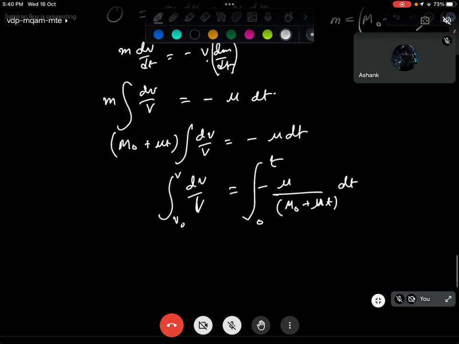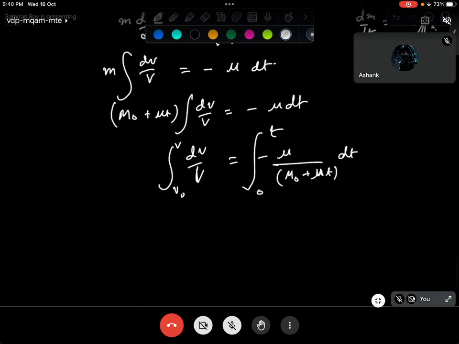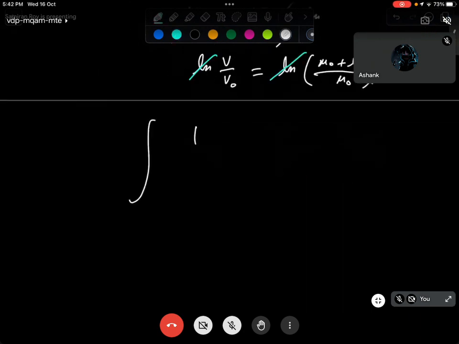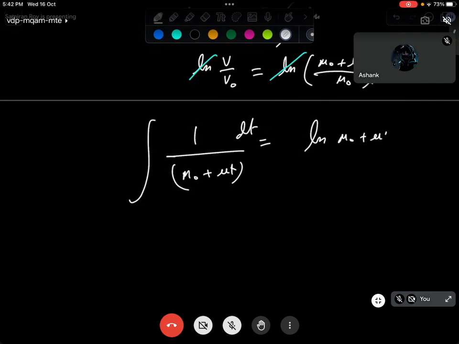So dv by v gives ln v by v0, equal to the integration of 1 by m0 plus mu t dt. You get ln of m0 plus mu t by mu, and you solve from 0 to t.